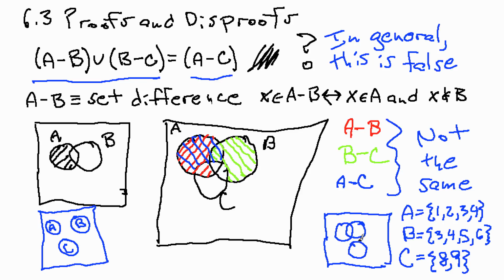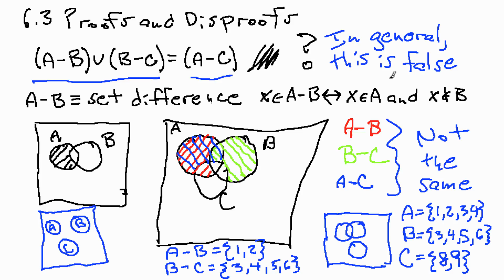Now, if I go ahead and I calculate things, A minus B in this situation would be 1, 2. And B minus C, well, they have nothing in common, so B minus C would just be the set B. And we could see that the set A minus C, well, they have nothing in common.